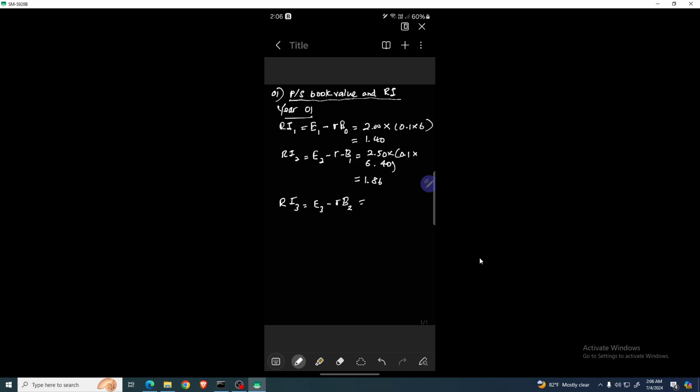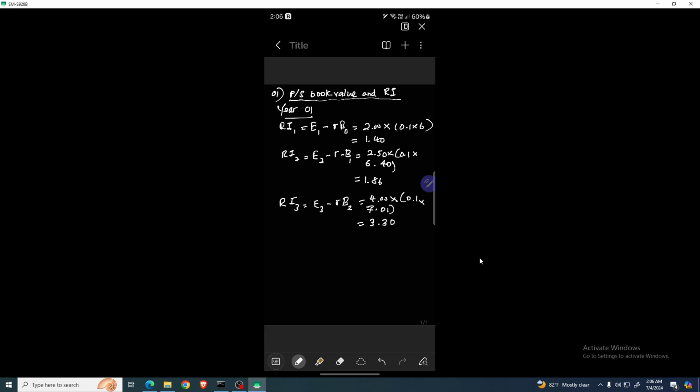And that would be $4 minus 0.1 into, and in this case, the share price is going to take the accumulation of previous years. That would be $7.01, and that's going to accumulate for $3.30, right?